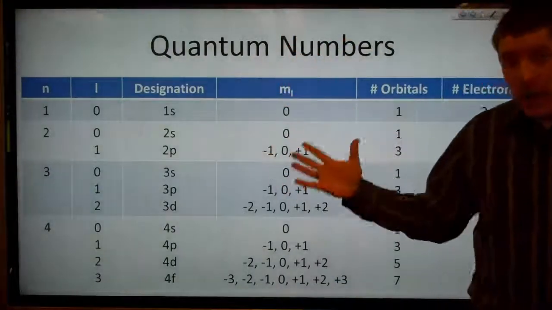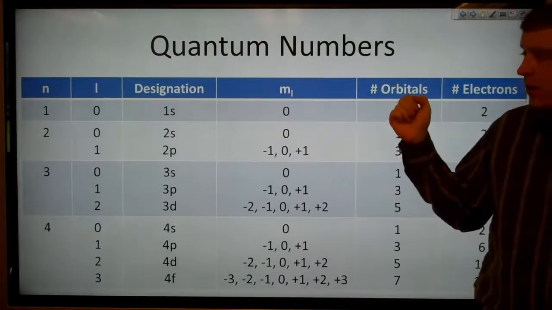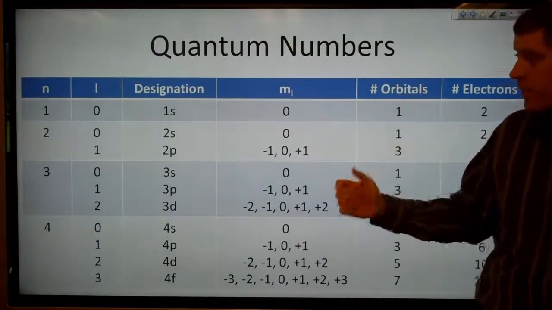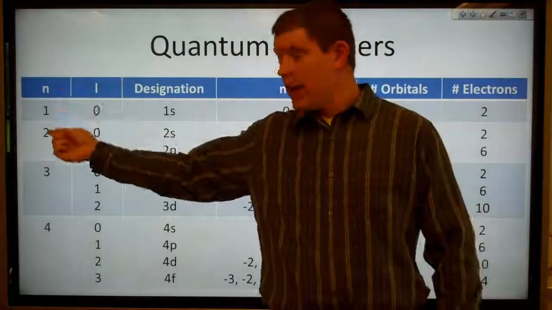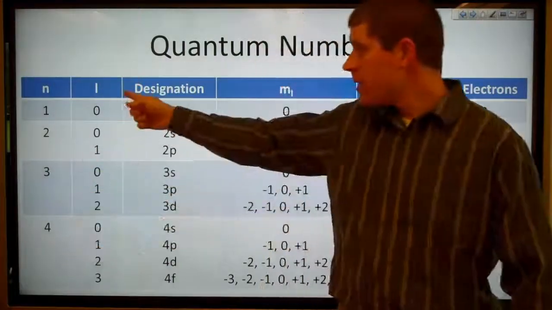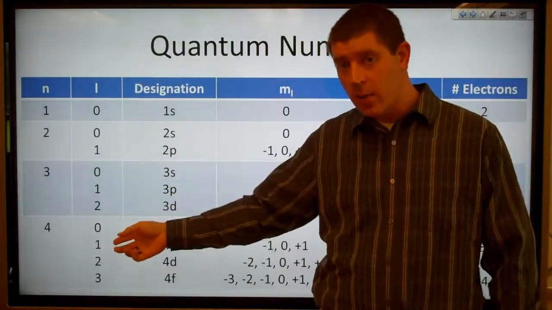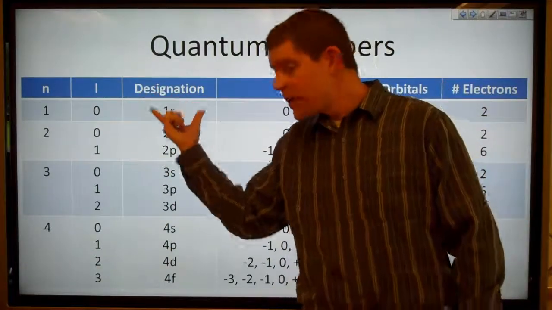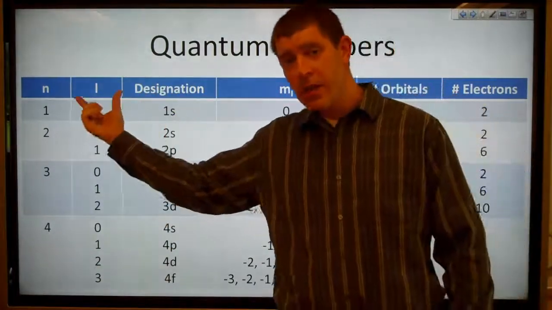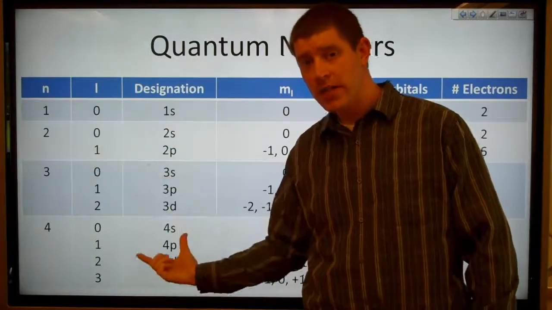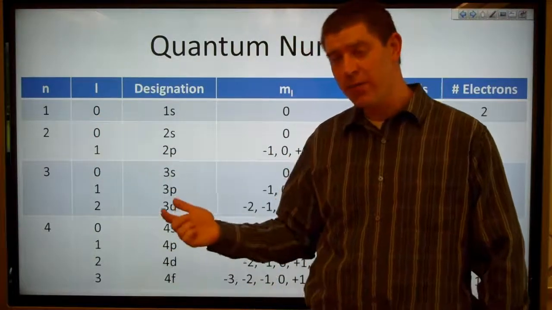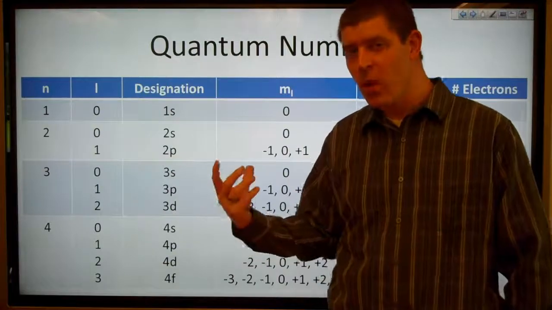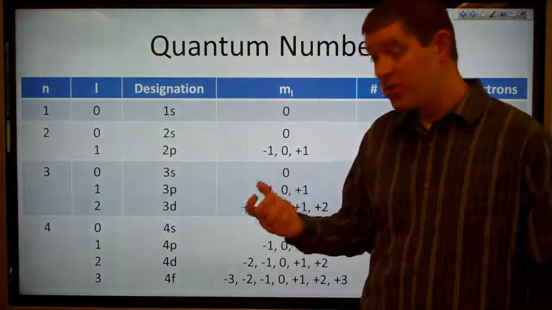So when we combine our four quantum numbers together, we have, again, n, our principal quantum number, L, our angular momentum quantum number, and so now we can give this combination of n and L some designation, some easier way of talking about what this suborbital is.